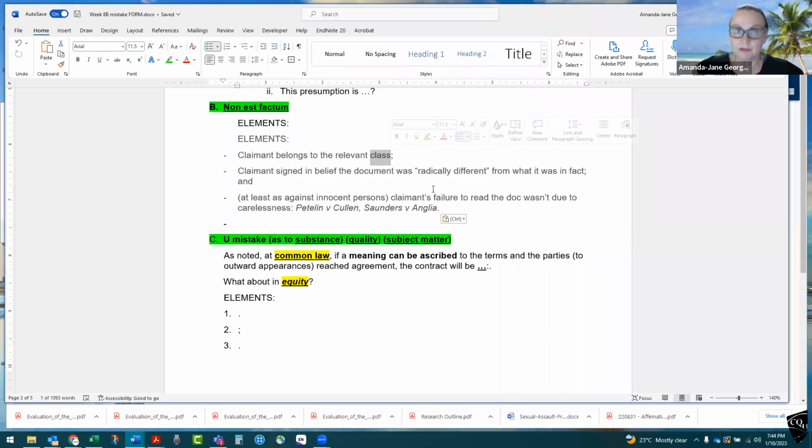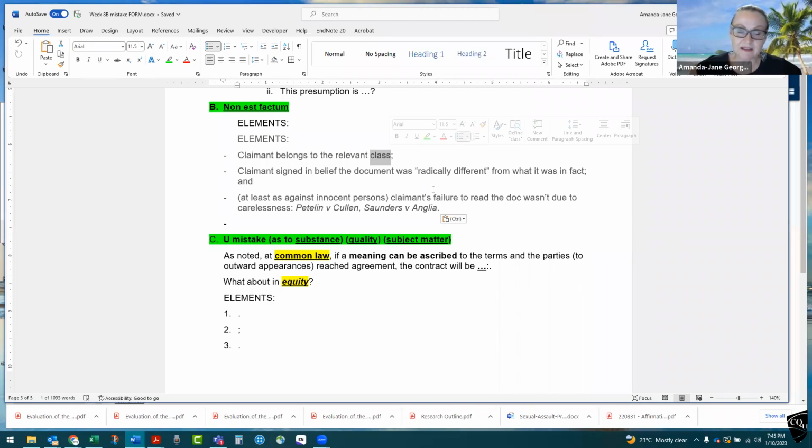So people that are blind or that have language difficulties, for example. So there's a relevant class. They have to have signed the document in belief that it was radically different from what it was. And if the other person was actually innocent, like there's no naughtiness going on there, then the claimant's failure to read the document mustn't have been due to carelessness.